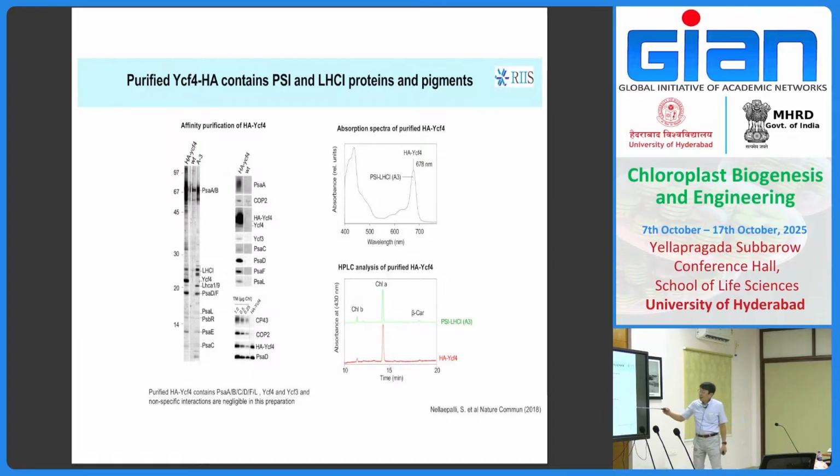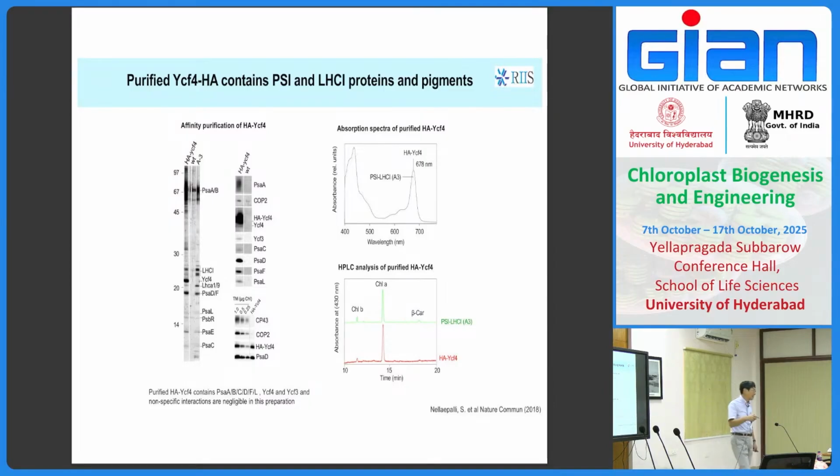And the HPLC, high performance liquid chromatography, indicated that chlorophyll A is here, a little bit of beta carotene, and slightly chlorophyll B. Because it contains a small amount of LHC1, and the PS1 core lacks chlorophyll B, but LHC1 contains both chlorophyll A and B. So this represents a small chlorophyll B amount, chlorophyll A, and beta carotene.